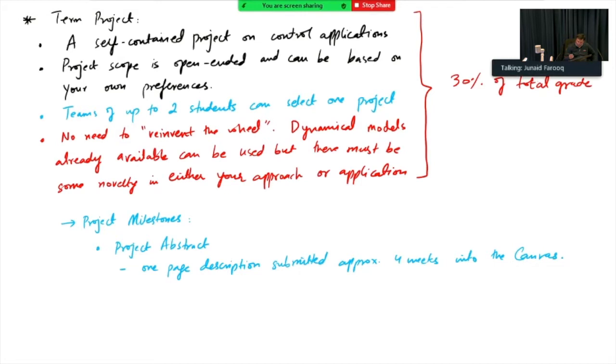You'll see the date, and it's roughly after 4 weeks that you are expected to submit an abstract of what you want to do. Okay, it's not graded, right? Your project idea doesn't have a grade, but it will assist you to keep on track in planning.